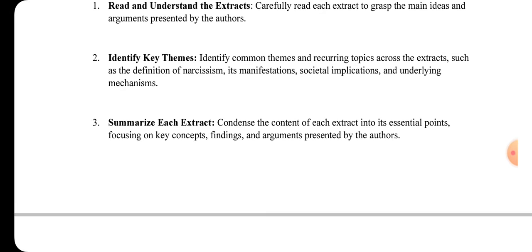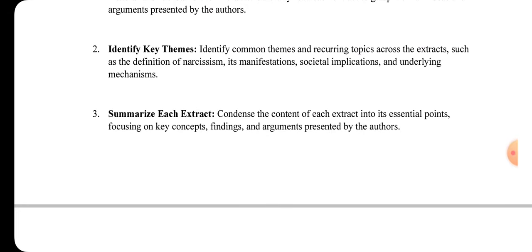It explained it, and also its manifestation. How does it really manifest? You must understand that also, and then its implications, and then the underlying mechanism. You must also know all these things, and then it will help you to write a composite summary. So you must identify the key themes.